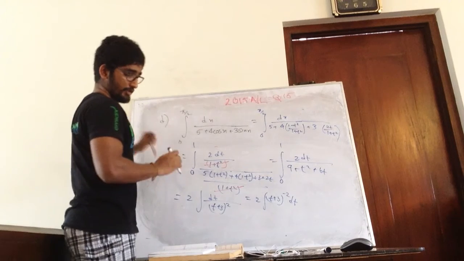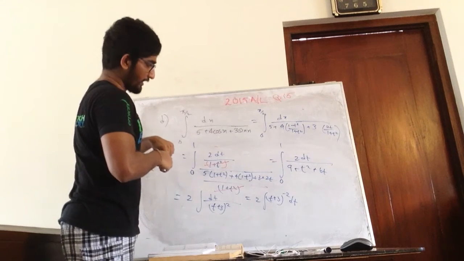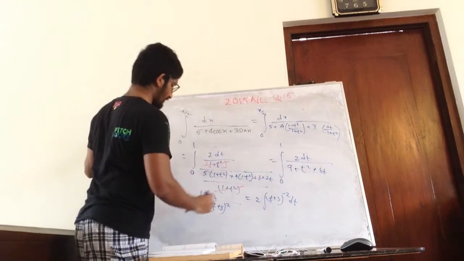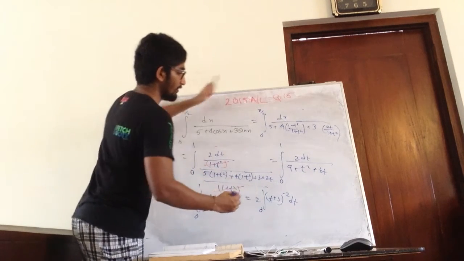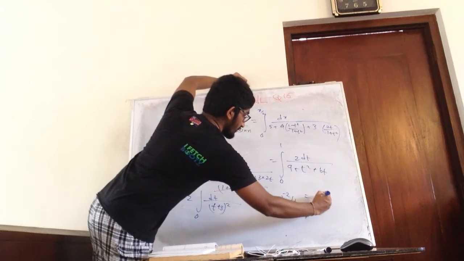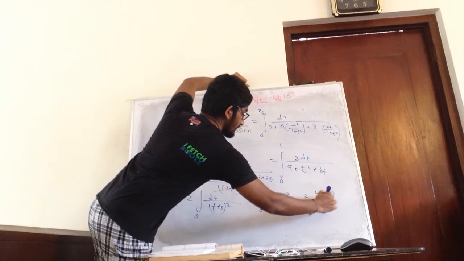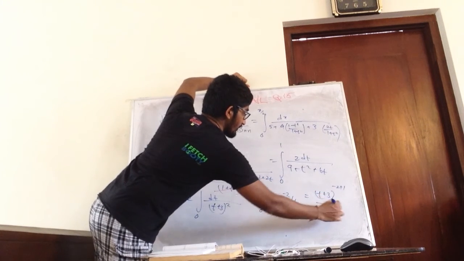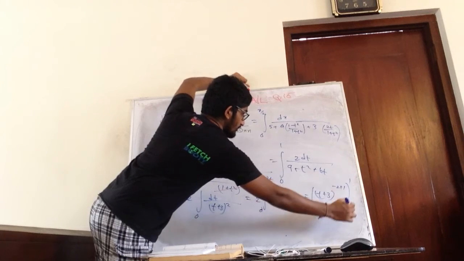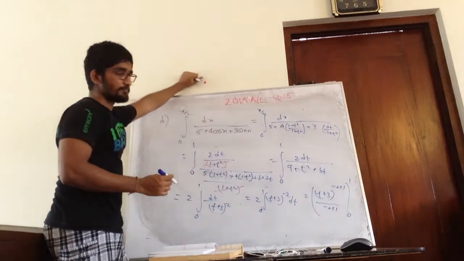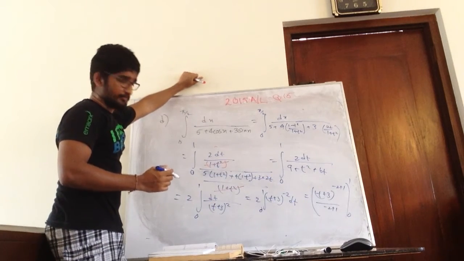Then what will I get? So where have I put my limits? 0 to 1, 0 to 1. So the answer will be what? T plus 3 minus 2, plus 1 minus 2 plus 1, from 1 to 0.